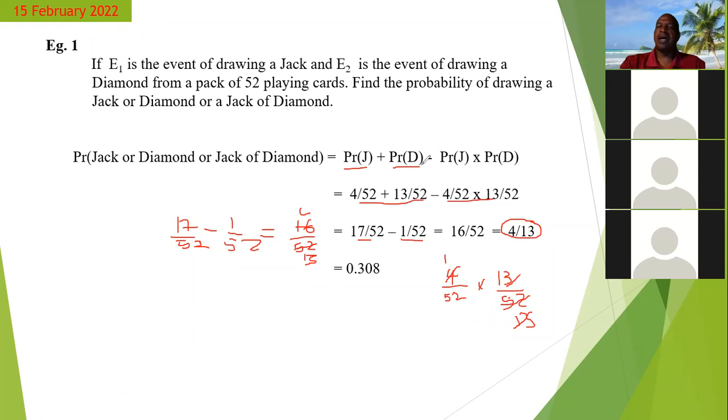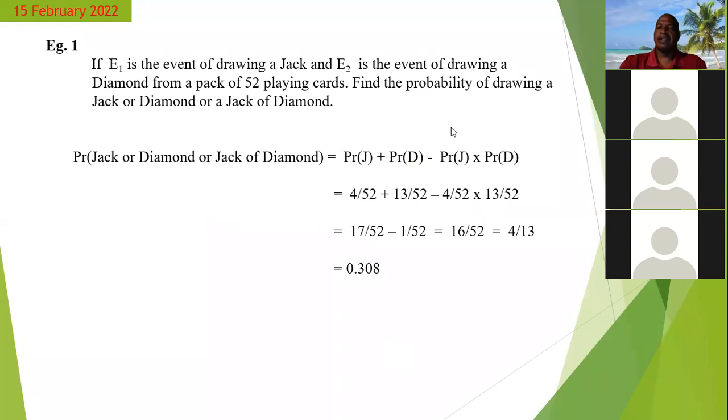So we add the first two, then we subtract the product of the two. So we add the two probabilities, then subtract the product of the two probabilities. All right, Mr. Adams, that's pretty much the procedure. Follow? Yes, sir. And from there, you just simplify them down into the various fractions by doing some arithmetic.